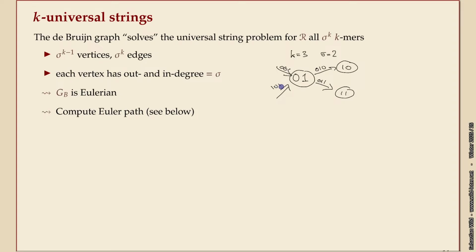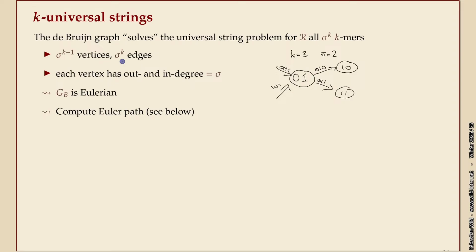So the crucial, clever insight here is that the out degree and the in degree are equal. I'll recap this in a sec. That will mean that the graph is Eulerian, so there is an Eulerian cycle. If you follow that cycle, you visit every one of the sigma to the k k-mers exactly once. But you've also just used that many steps.